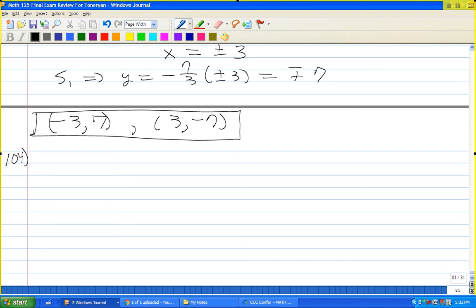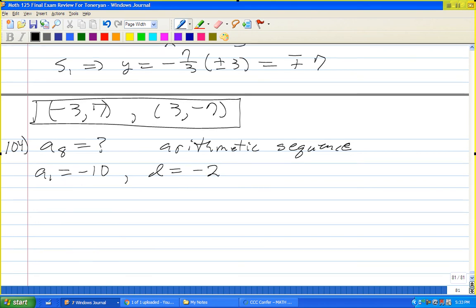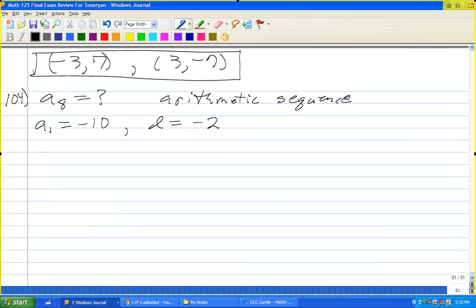So the 8th term of an arithmetic sequence whose first term is negative 10 and whose common difference is negative 2. Well, I know that the general term for an arithmetic sequence is just a1 plus n minus 1 d.